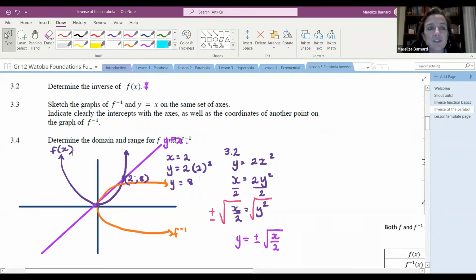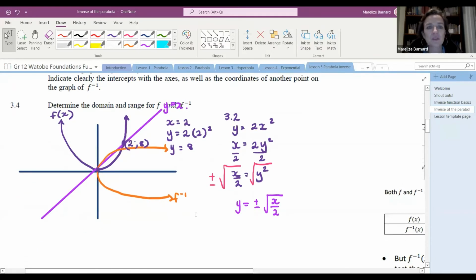Okay, now determine the domain and range for f and f of minus 1. Please put in the chat your domain and range for f and the inverse of f. Tamilo's feeling strong. Yay.